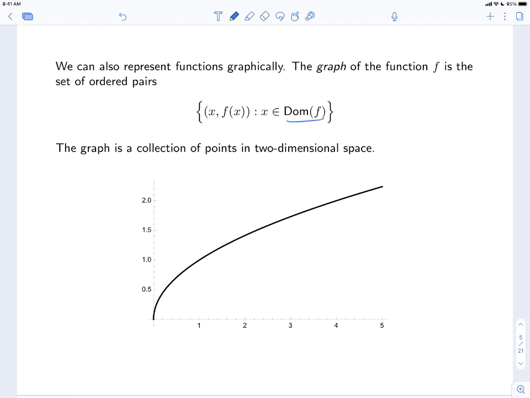So let's just write that here. DOM of f is the domain of f. That's just another way of writing it. This symbol, which looks a little bit like an epsilon, and originally was an epsilon a long time ago, means is an element of.